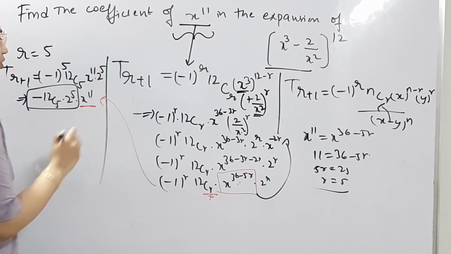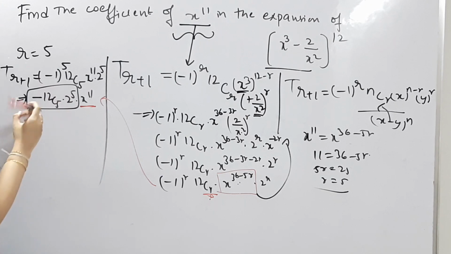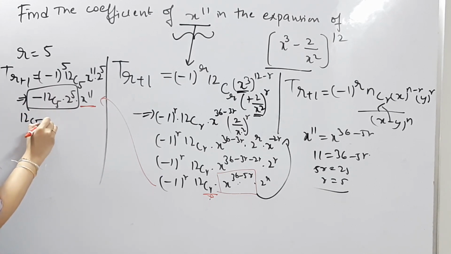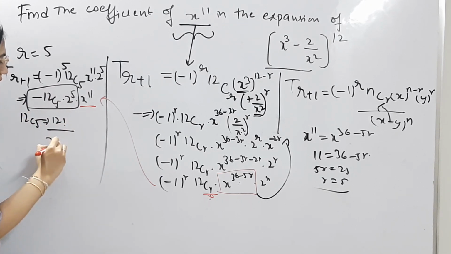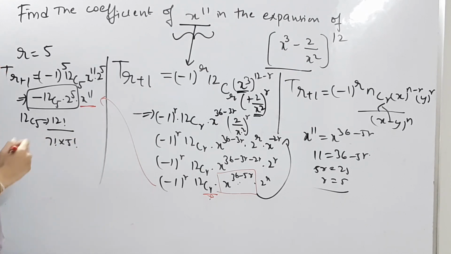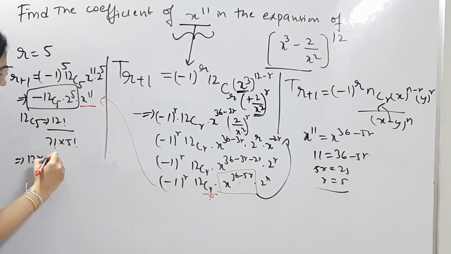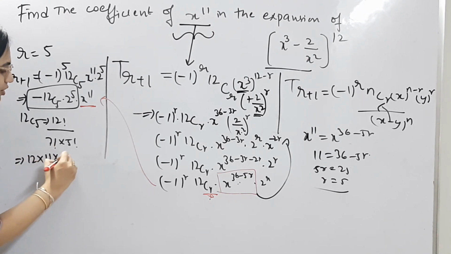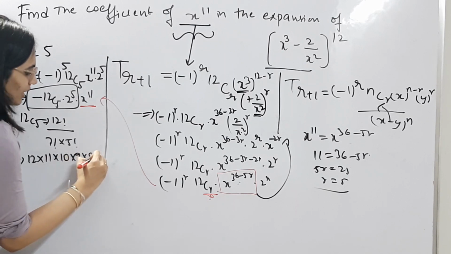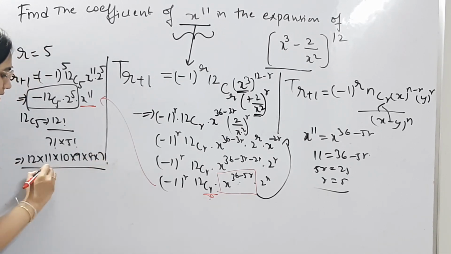Okay, so now let's try to find out this value. 12C5 is what? 12 factorial by 7 factorial into 5 factorial. I'm just writing directly because you know the formula already. Just substitute, just calculate the value. So 12 into 11 into 10 into 9 into 8 into 7 factorial by 7 factorial into 120, 5 factorial is 120.